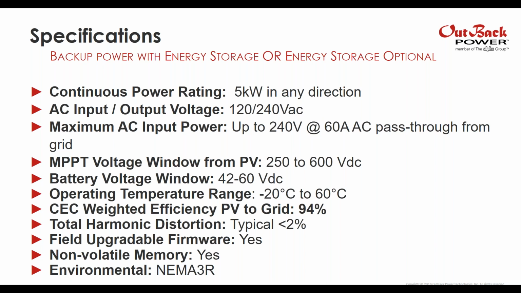So you should be able to move any existing PV strings over to SkyBox. And the battery voltage window is quite wide and is designed around all of your traditional 48-volt lead acid batteries. Operating temperature range from -20 up to 60, and CEC weighted efficiency PV to grid across the entire PV operating range, 94%. Excellent total harmonic distortion.